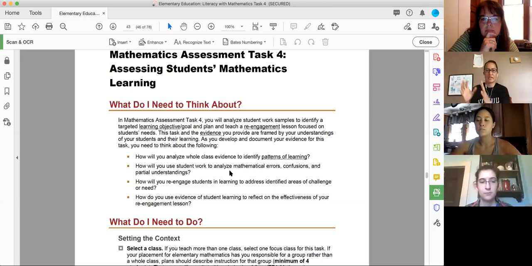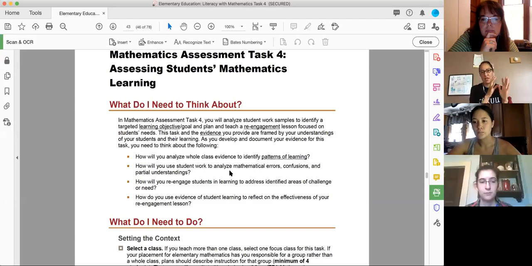Then in task 2, you taught it, you recorded yourself, you did your instruction, then you commented on that. Then in task 3, you did an assessment analysis, you reflected on the student's work, you picked one, and then you commented on that, right?